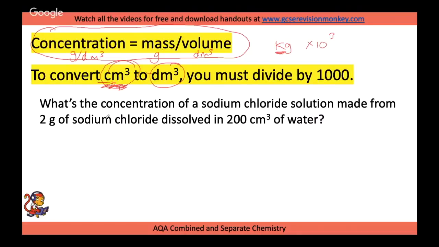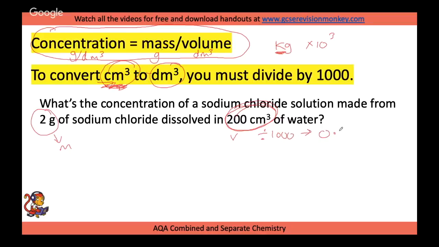So let's look at this one. It says, what's the concentration of a sodium chloride solution made from 2 grams, that's the mass, of sodium chloride dissolved in, there's your banana skin, 200 centimeters cubed of water. They're trying to make you slip up. So that's the volume, but we need to divide that by 1,000 to turn it into decimeters cubed.